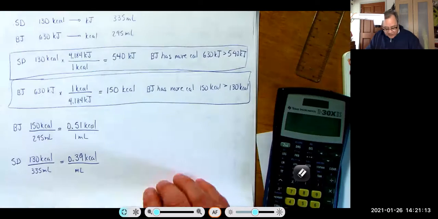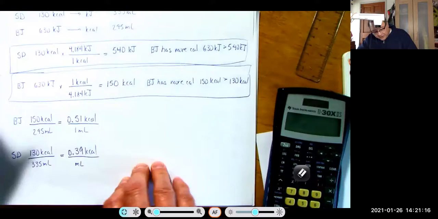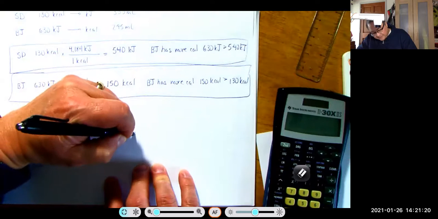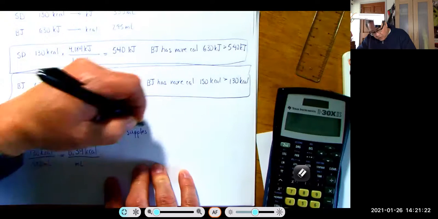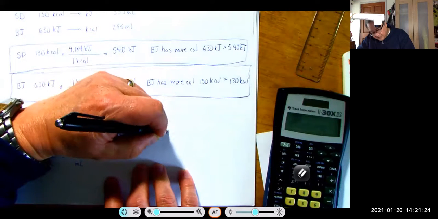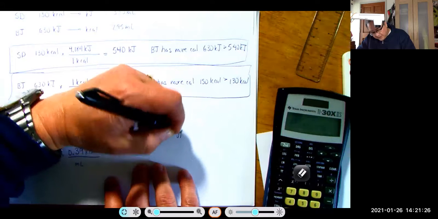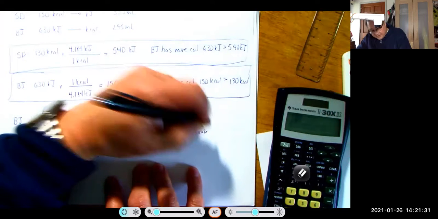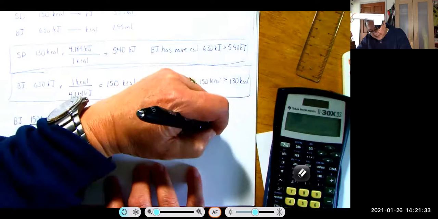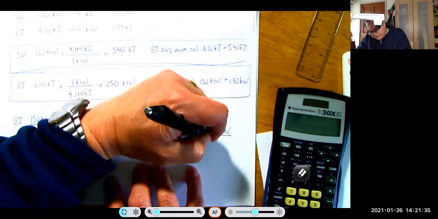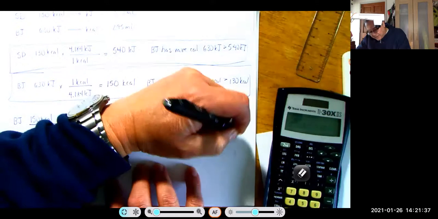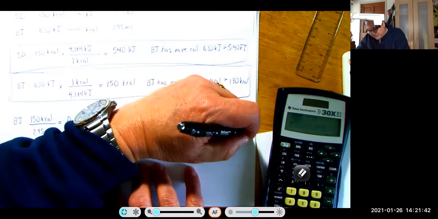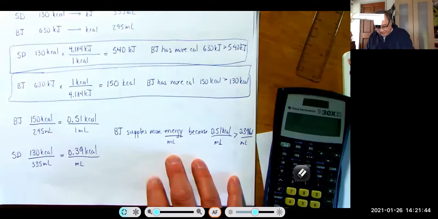How do we finish this off? We would say the berry juice supplies more energy per milliliter because 0.51 kcals per milliliter is greater than 0.39 kcals per milliliter. Ran out of a little bit of room there.